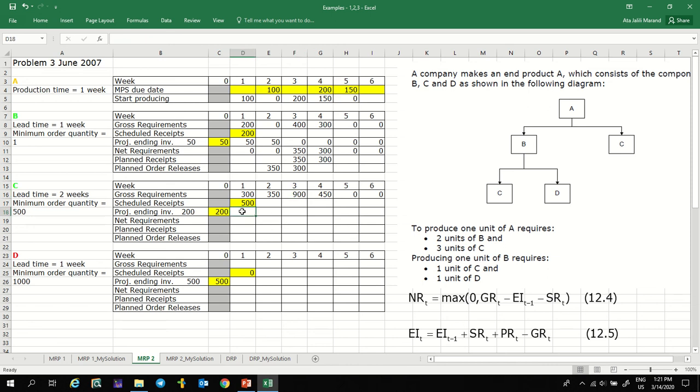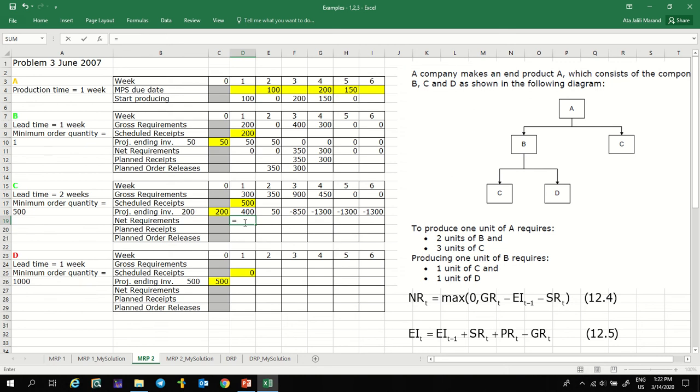Now I can move to the next part, in which I am calculating projected ending inventory. Again I'm using the formula that we can see here, so it is equal to inventory from the previous week plus scheduled receipts plus planned receipts minus the gross requirements, and the same for the next weeks.